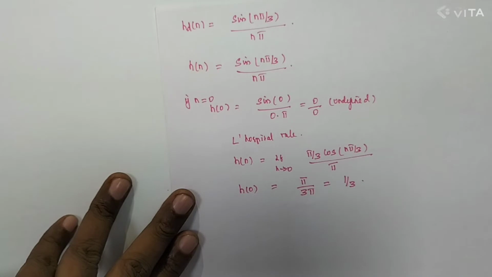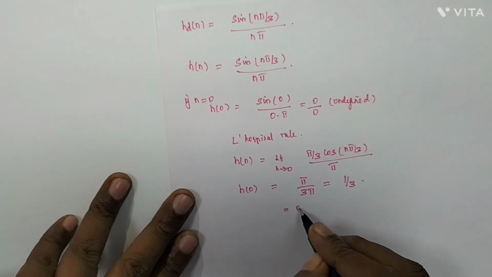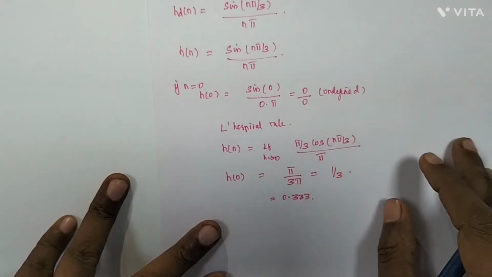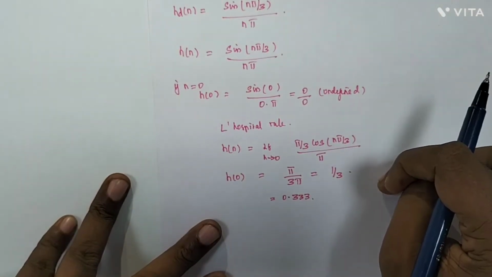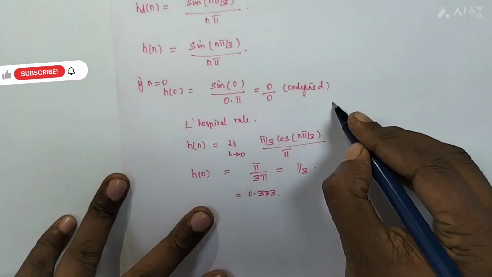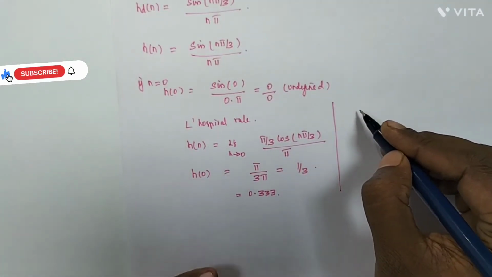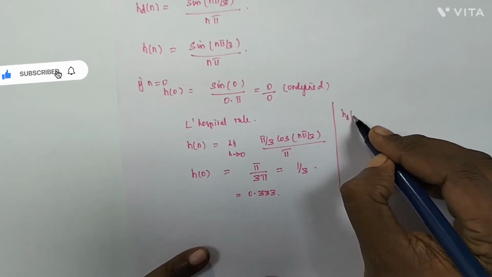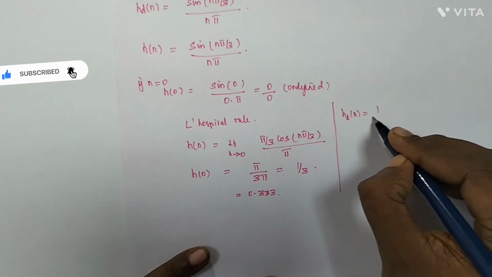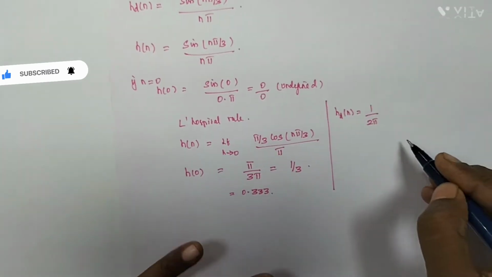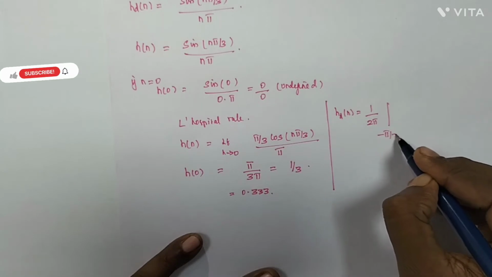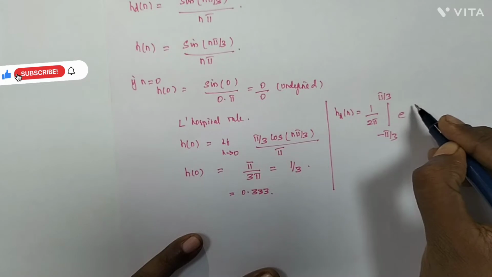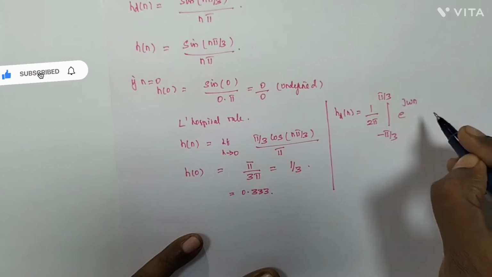So when you divide 1 by 3, it is equal to 0.333. So you can find it either by using the L'Hospital rule or directly by using the integral value, that is hd of n is equal to 1 by 2 pi integral from minus pi by 3 to plus pi by 3 of e power j omega n d omega.